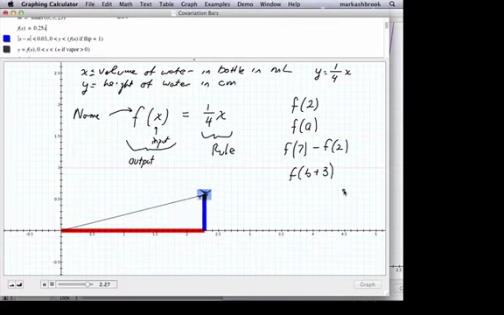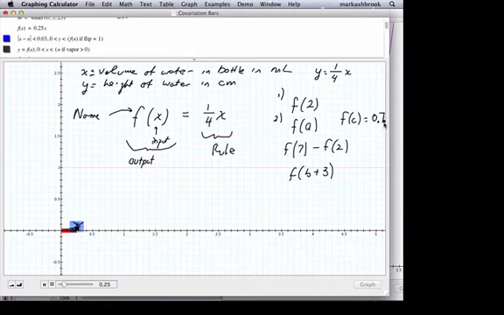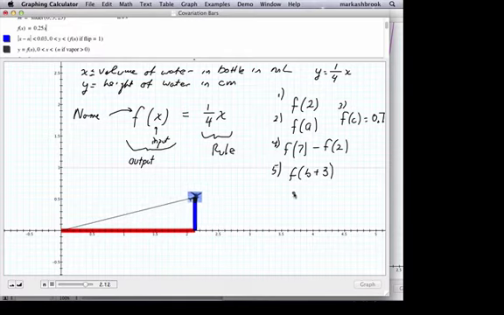I'm asking you to interpret the meanings of these expressions. Let me put one more in there. So this is, say, number 1, number 2. How about this? F of F of C. It's number 3, 4. So I'm asking you in each case to interpret the meanings of those expressions.